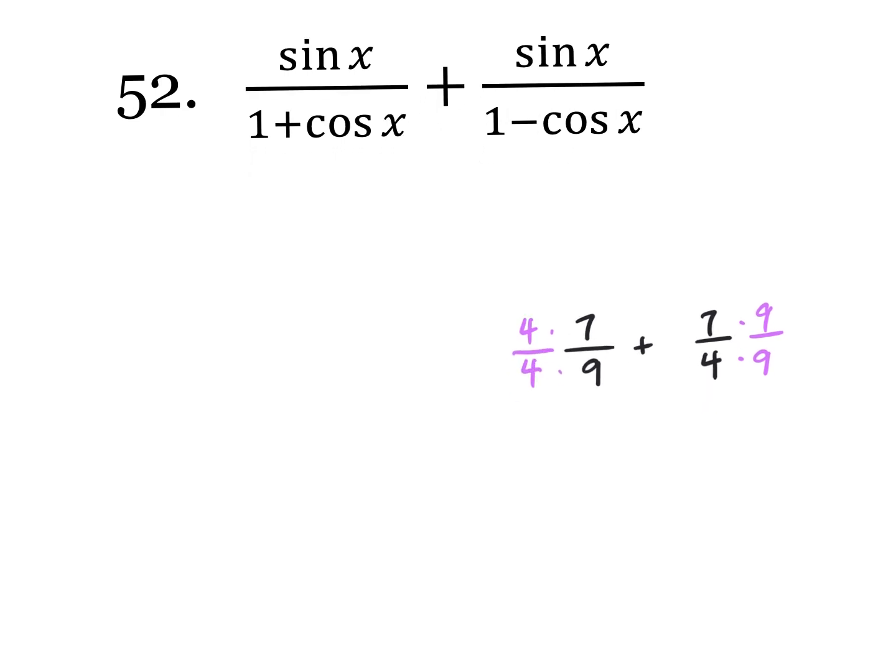What are we multiplying the other one by? 9/9. What would we get on the top here? 28 over 36 plus 63 over 36. 28 plus 63 is 91. 91 over 36.